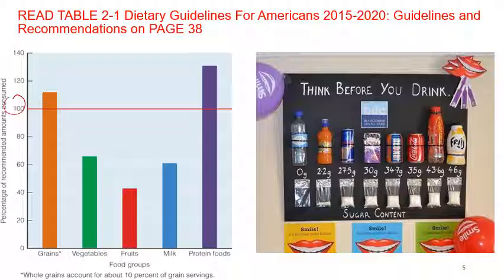On the right-hand side, you see this beautiful display of drinks. Think before you drink. Someone put together the amount of sugar that's in each drink. If you look at the first one, it says 0. That's water. Water does not have sugar in it unless you buy special water that has sugar in it.